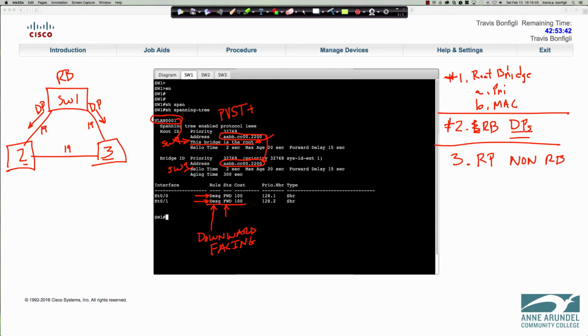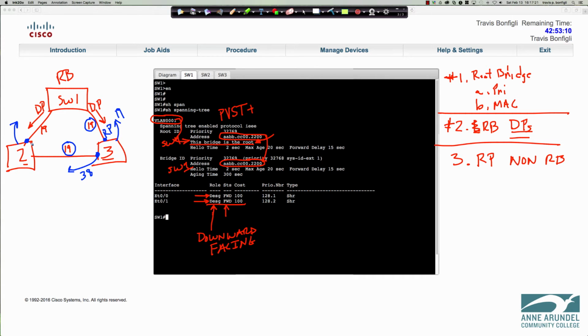So when we look at switch 3 here, it's got that outgoing interface and that outgoing interface. If switch 3 goes this way to get to switch 1, it's going to incur a cost of 19 on that outgoing interface, and then another cost of 19 on that outgoing interface. So going this way, the root path cost is 38. And going this way, the cost is 19. So there is my root port.